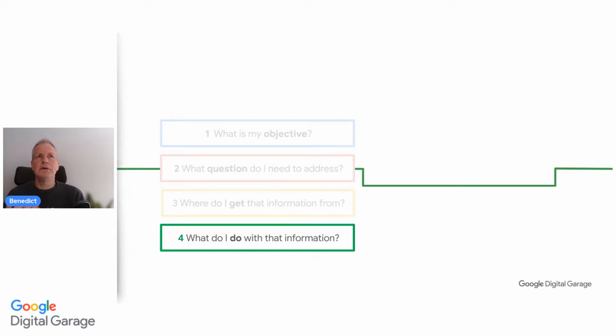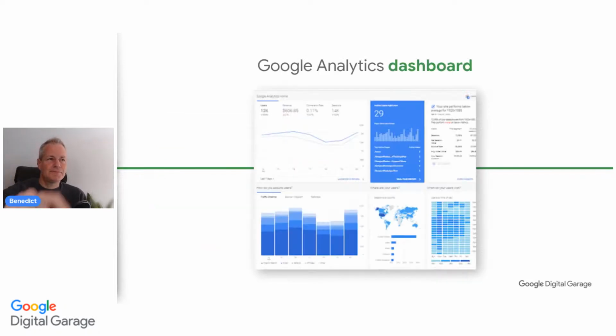You're actually putting that information into operation for making decisions and changes, making sure the changes are right for your prospective clients or your clients, to make sure they come back or they find you. What do I do with that information is very, very important to finish that full cycle. Okay, let us now get started.